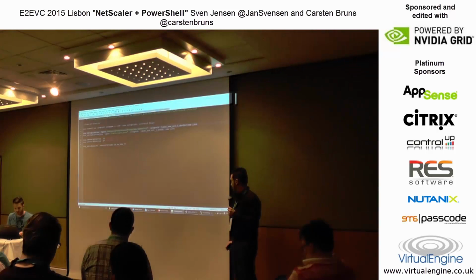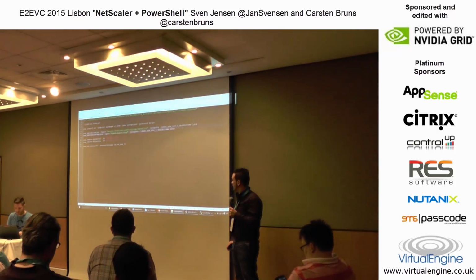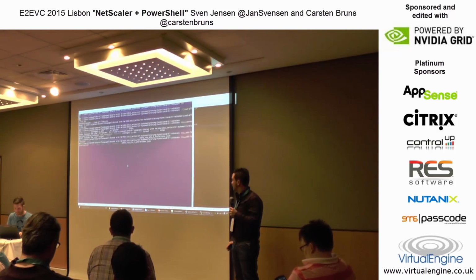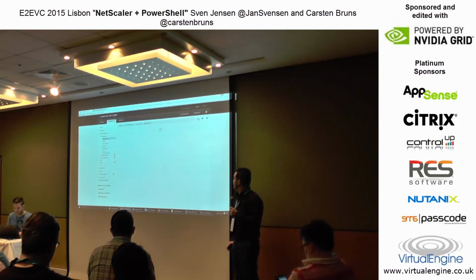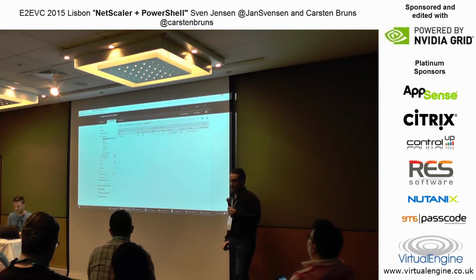So we have to run our binding function as well. There we go. A few seconds again. Update this, and our vServer is up because at least one of our servers that has been created and added to the service group is up.